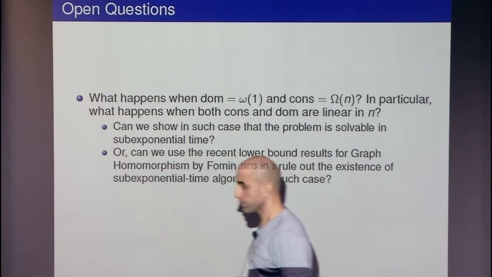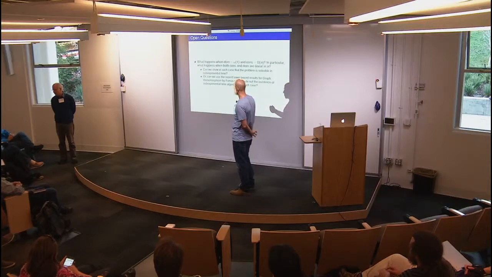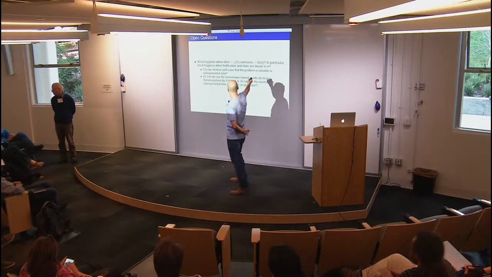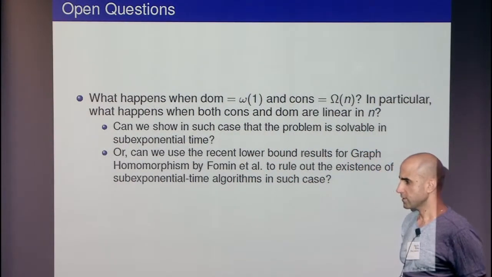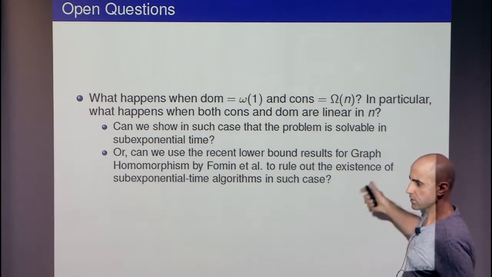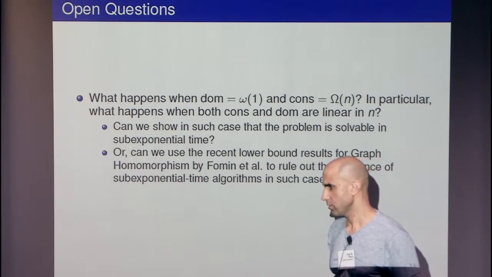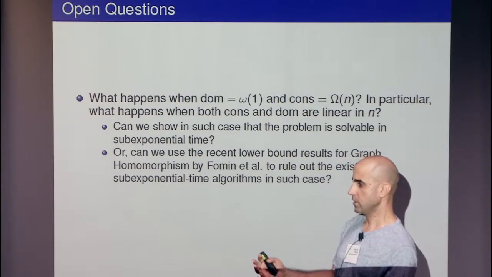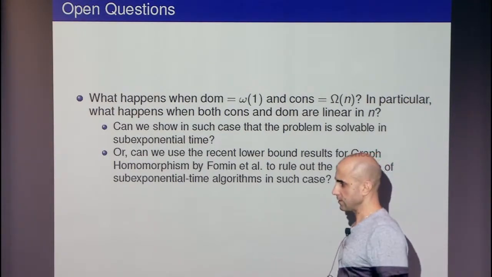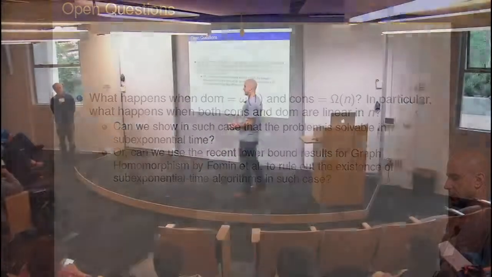Yeah, we don't have any result. That was an open question of whether you could do sub-exponential time in this case or not. So sub-exponential in this case, when both are linear, is n to the little o of n. You're asking, can I do n to the little o of n when the number of constraints is linear and the domain size is linear? This is why I'm saying maybe you could use this lower bound on graph homomorphism to say under ETH that I cannot get n to the little o of n in this case.